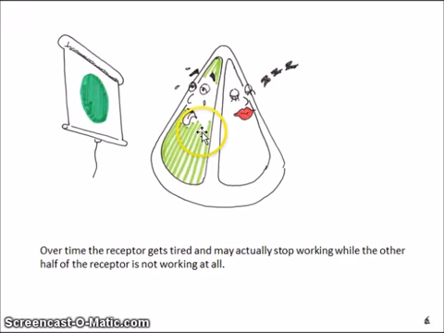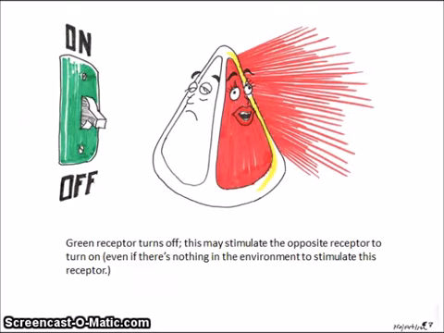But a funny thing happens when this side actually stops working. It fires the opposite side in order to chemically balance the cone. So this side is actually turned off, it's fallen asleep, so to speak. And this side has turned on, and this is important, even if there's nothing red in the environment.